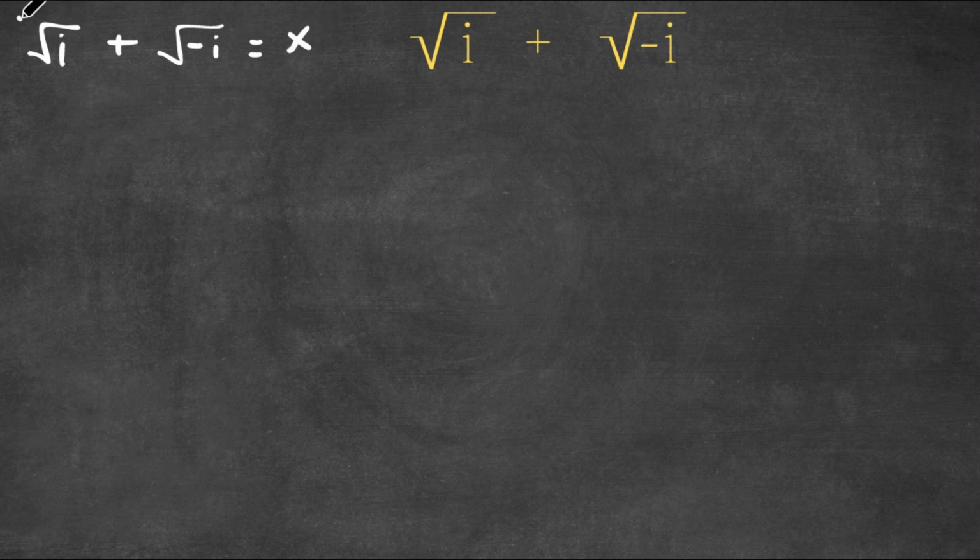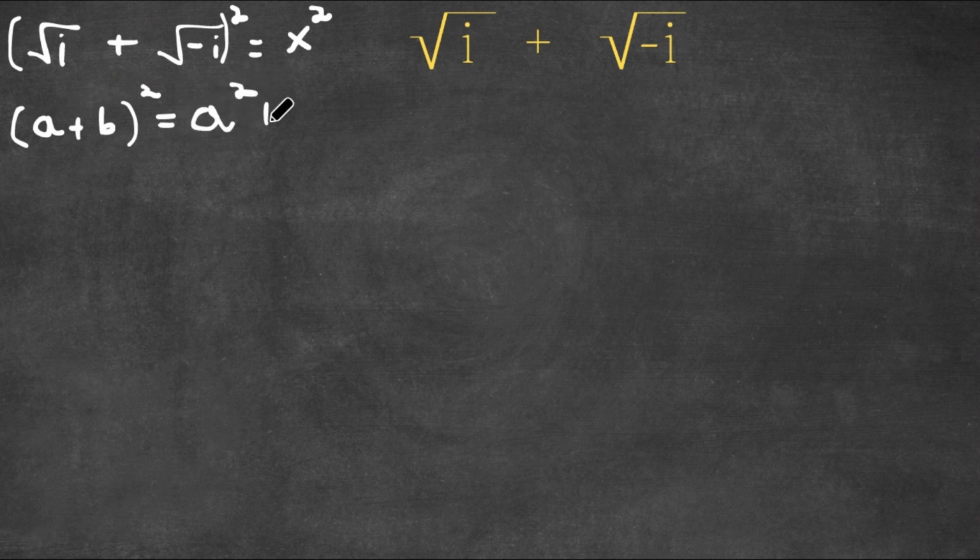Now I'm going to square both sides. So we have the square root of i plus the square root of negative i, squared, is equal to x squared. Now if we have something in the form a plus b squared, this is actually equal to a squared plus 2ab plus b squared.